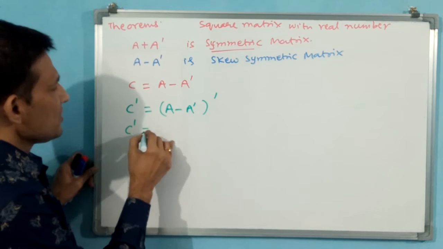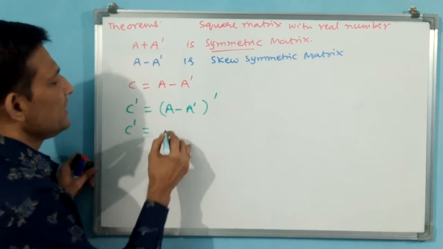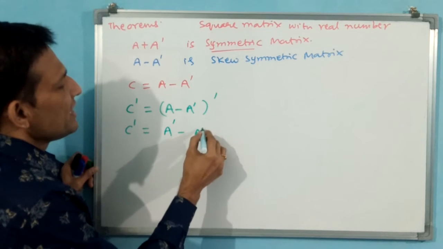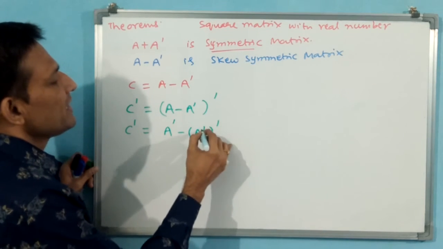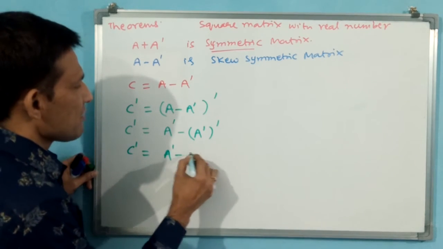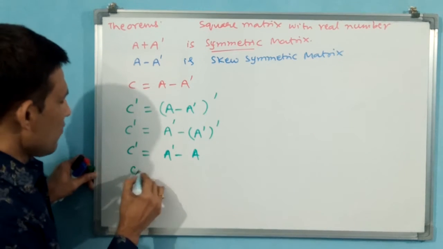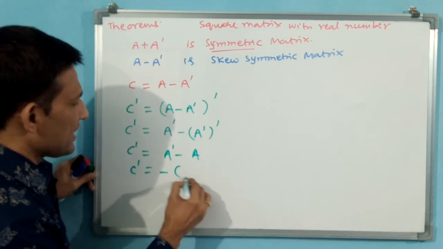Now C transpose is equal to A transpose minus A double transpose. Is it okay? Further, A transpose minus A. Now I am taking minus common.